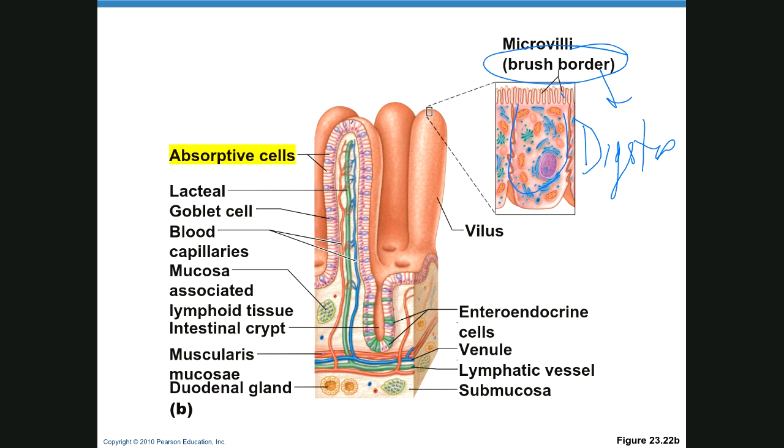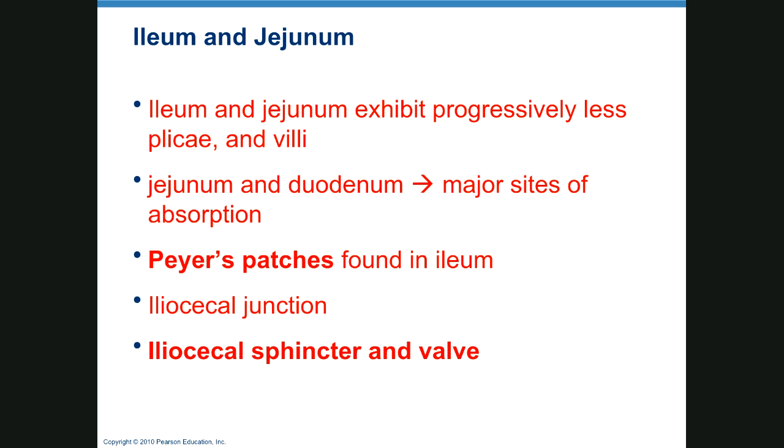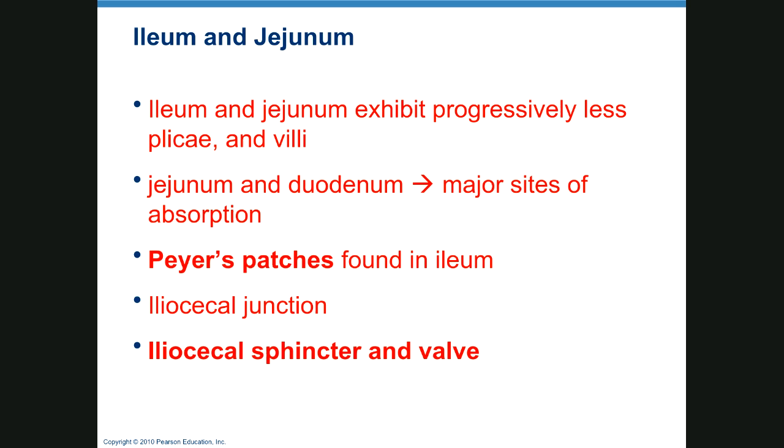So digestive enzymes are going to come from these epithelial cells lining the intestines, and they're also going to come from the pancreas, pancreatic digestive enzymes. Duodenal glands are going to secrete buffers to try to buffer the contents from the stomach, which are so acidic. The duodenum is not made to withstand acidity, so the minute it arrives it has to be buffered.